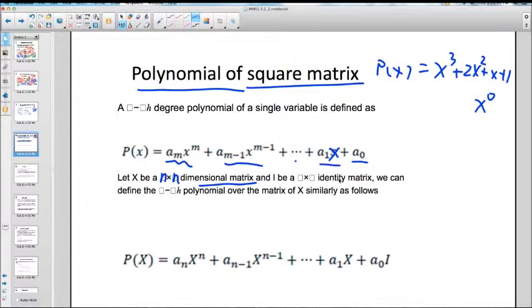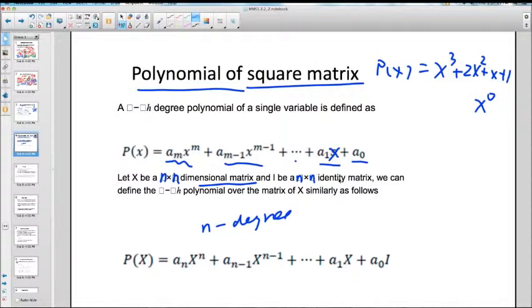And the I is the n by n identity matrix. And then we're going to define this polynomial as follows. This will be an nth degree polynomial.